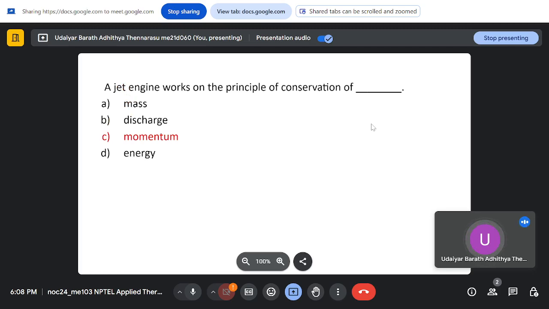Starting with the first question: a jet engine works on the principle of conservation of dash. A, mass; B, discharge; C, momentum; and D, energy.